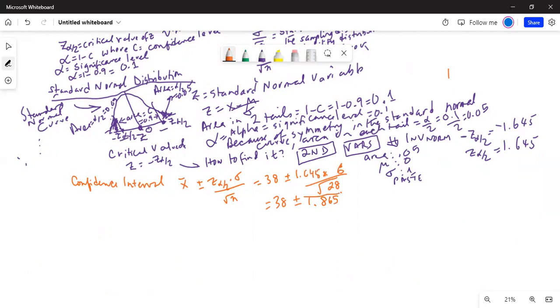Now this whole thing, 1.865, is, if you remember, called margin of error, which is also represented by the symbol E. Some books call it error bound.